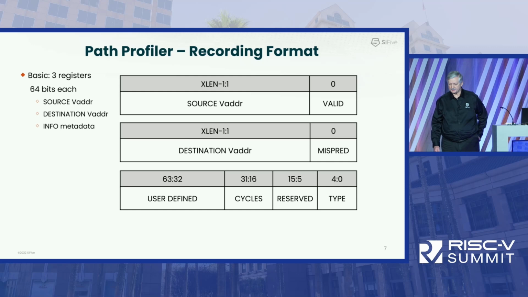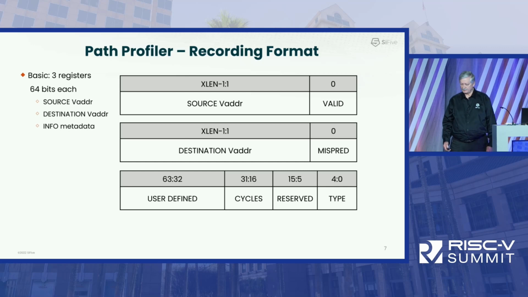So this is the recording format layout: source virtual address and destination virtual address. Since RISC-V is a half-word instruction format, the least significant bit is used for storing the valid bit and the branch mispredict.